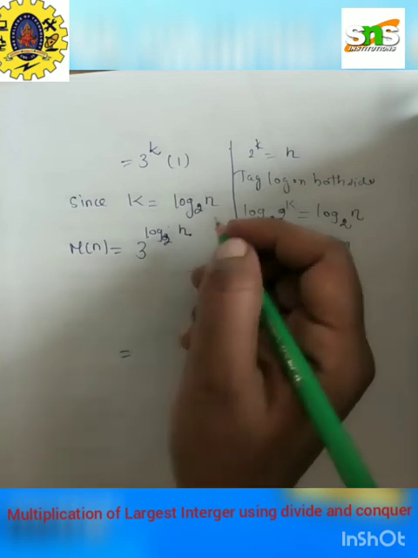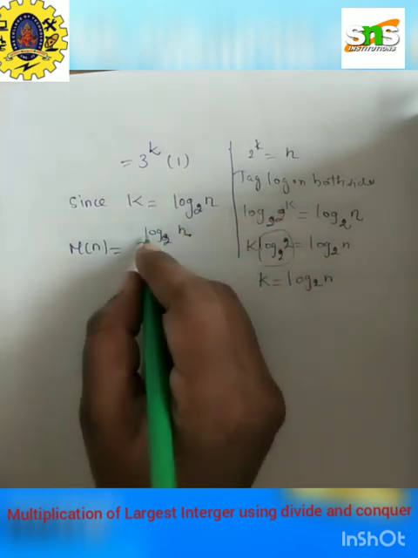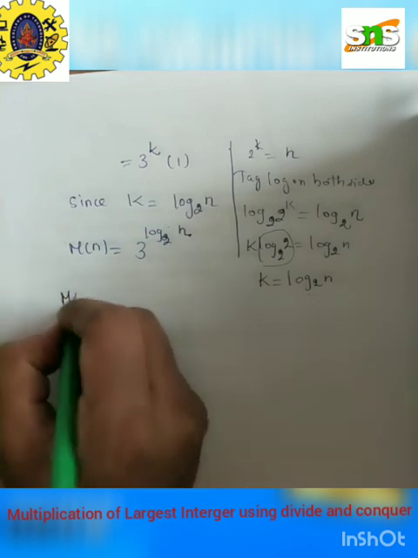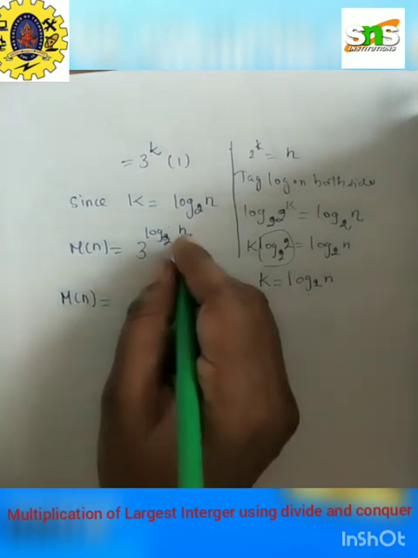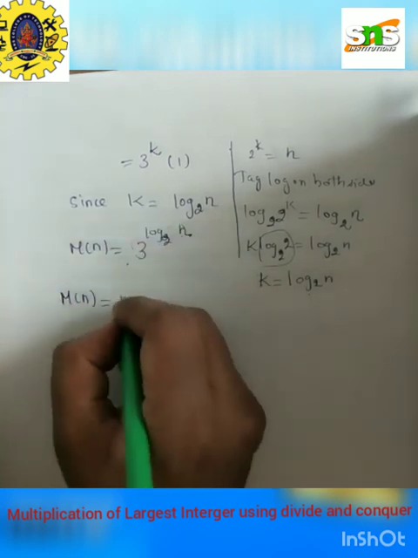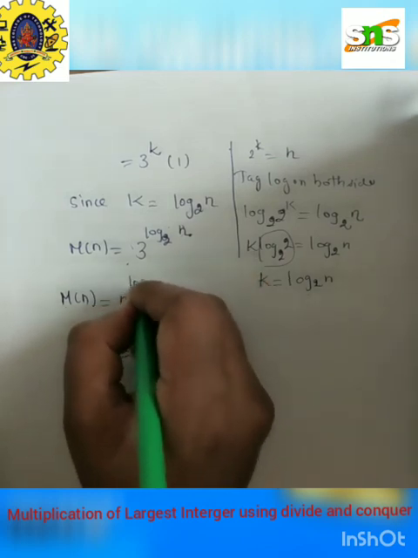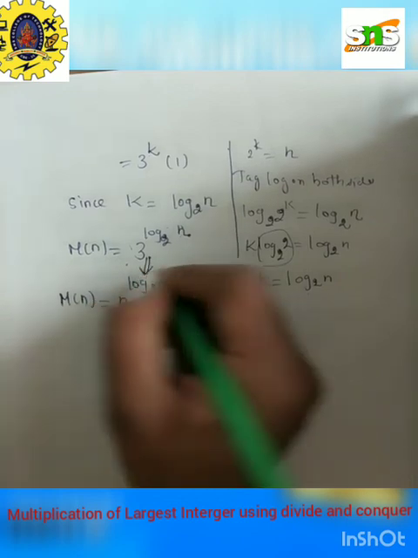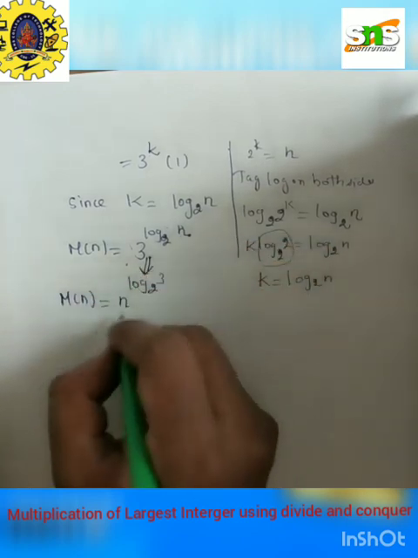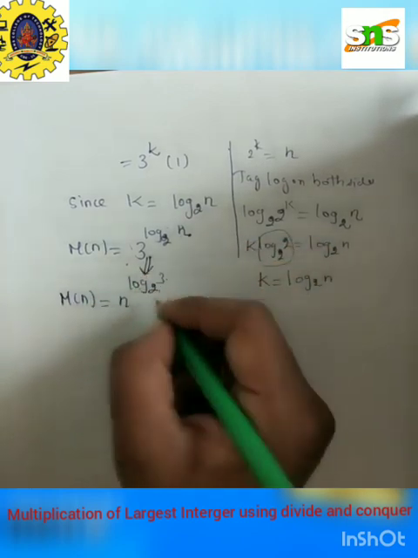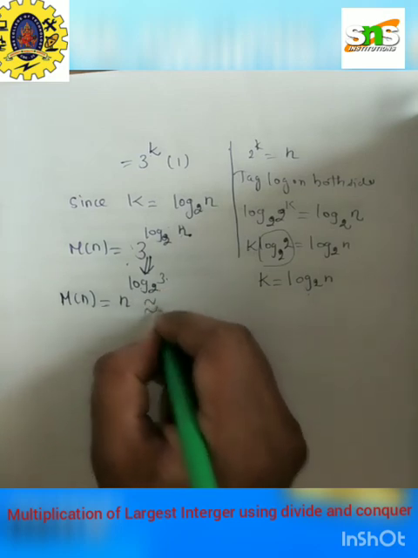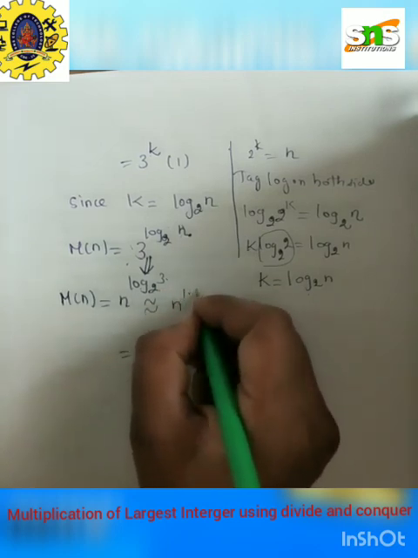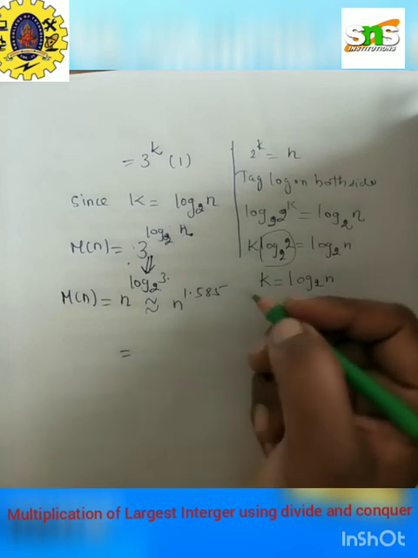Using some logarithmic formulas, this will be written as m of n equal to n power log to the base 2 of 3. N power log to the base 2 of 3 is approximately equal to n power 1.585.